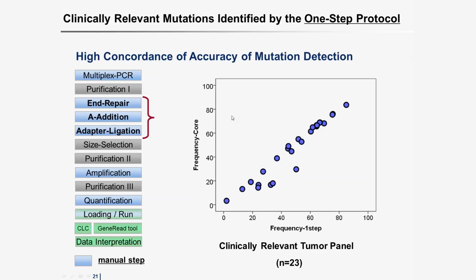In addition, we looked for the clinically relevant mutations, and they were all identified by the one-step workflow, and they were detected at the same frequency as with the core kit. So we had here also a very high correlation.